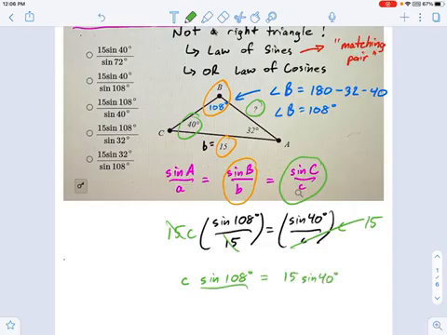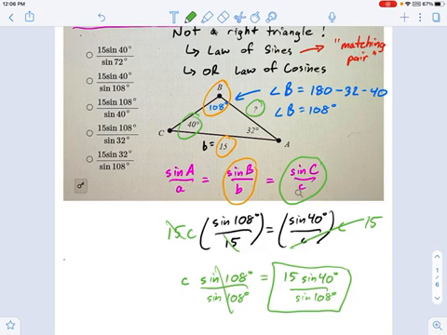And now I just divide each side by sine of 108, and I have my answer. Over here those cancel out, all that's left is C, and what we want is to calculate this. 15 times the sine of 40 divided by the sine of 108. And it's in here somewhere. Here we go, right there.